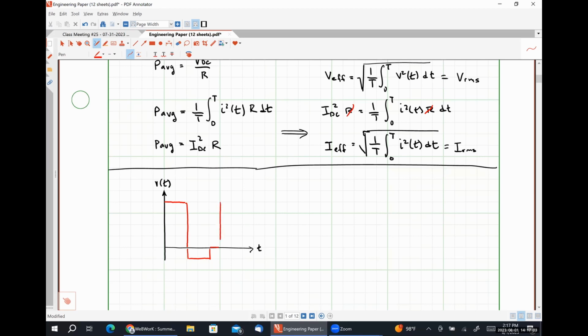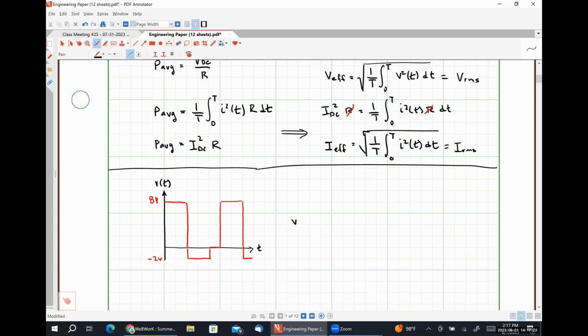And then this repeats over and over again, so that we have a periodic function, right? Let's make this 8 volts, make this -2 volts.